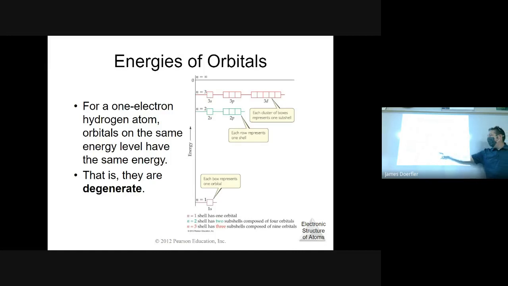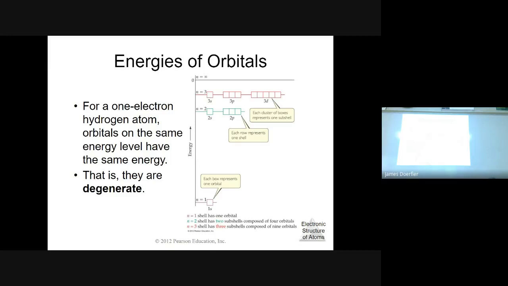The single 1s orbital is just by itself, but then you get into the second energy level, n equals 2, and you see the s and the p are actually on the same level. See how they're even? You get to the 3, and the s, p, and the d are even.